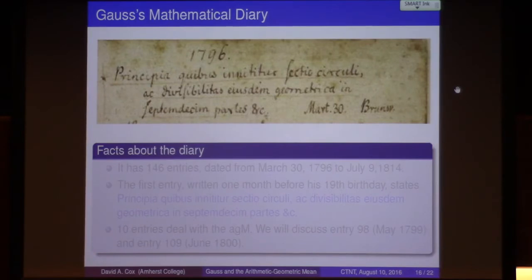And it turns out that this is Principia, principles, so that's sectio circuli, circular sections. So what do you think that letter is? It's an S. But what does it look like? It's an integral sign.